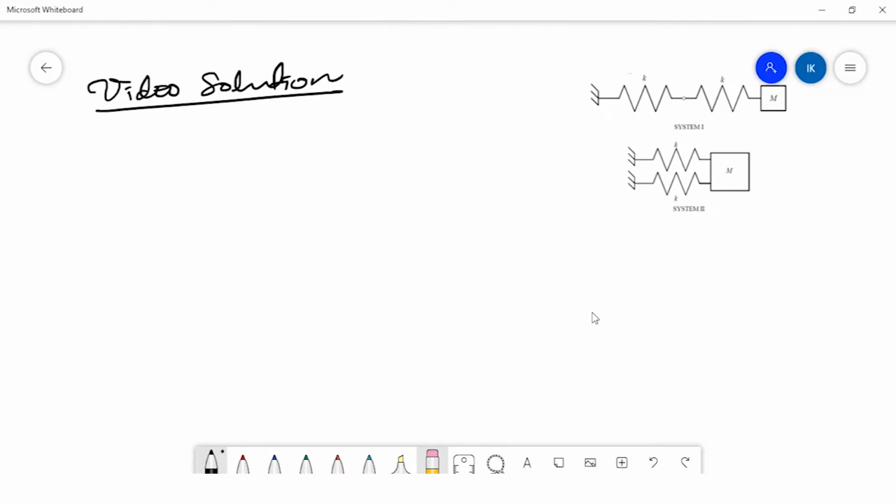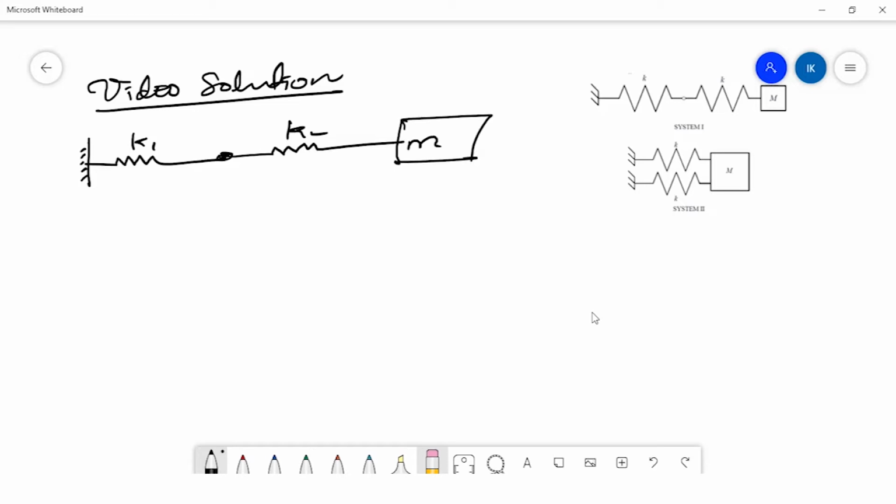As we said earlier, when two springs are connected in series, let this be K1 and this be K2. This is just a joint, and these two springs K1 and K2 are connected in series to a mass M. Let us suppose a force F is acting on this mass M. Therefore, there will be displacement x1 on spring 1 and displacement x2 in spring 2.